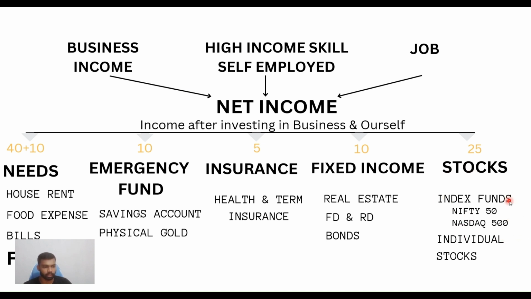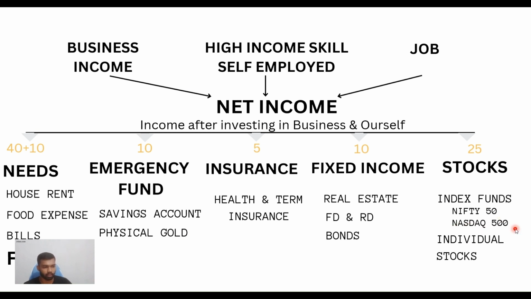We should diversify into domestic and international index funds. The Nifty 50 is the top 50 companies in the Indian stock market, and the Nasdaq 500 is the top 500 companies in the American stock market. By buying index funds, we are investing in the top 50 companies in India and the top 500 companies in the American market.